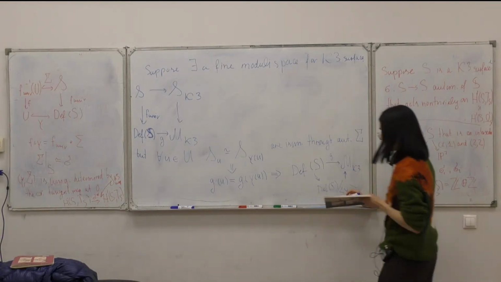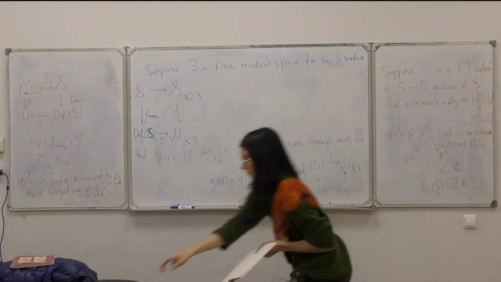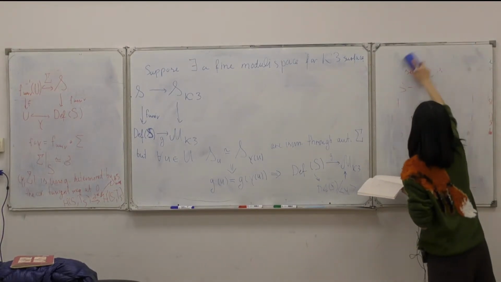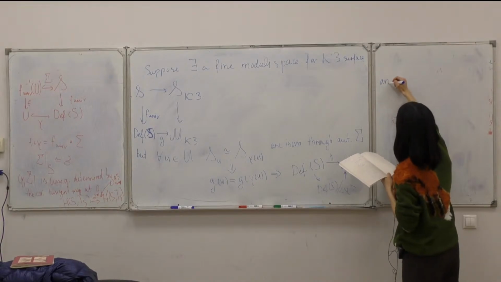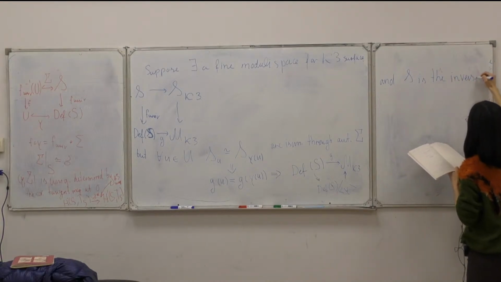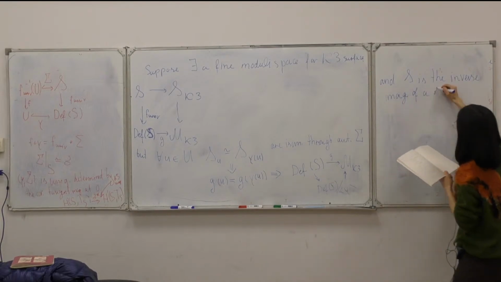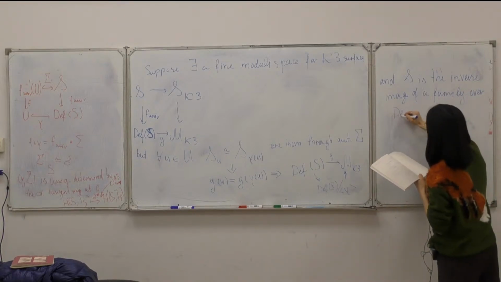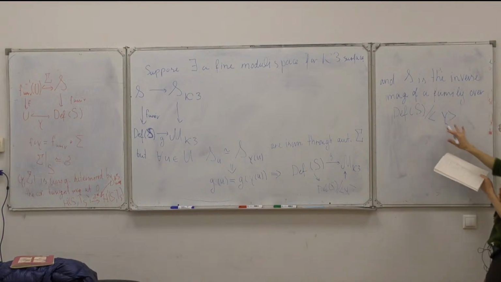Right? And hence we should obtain that this family is the inverse image of a family over deformations of S where we identified points of gamma.